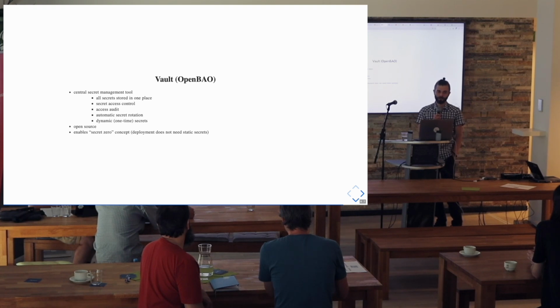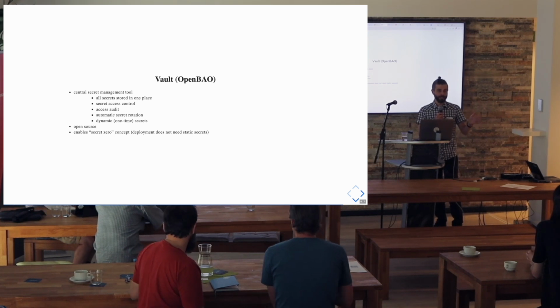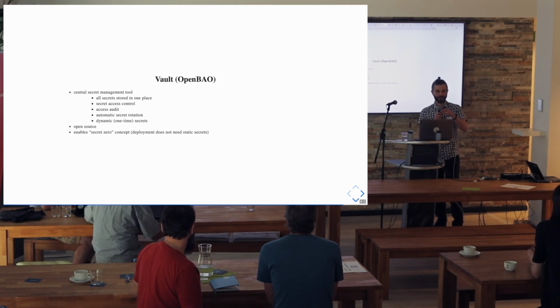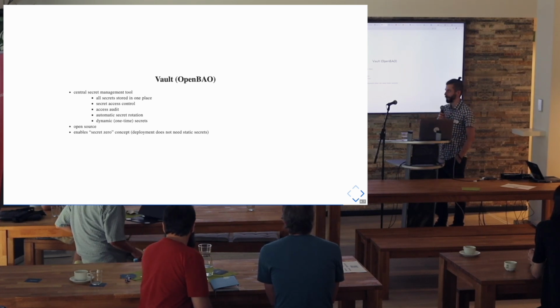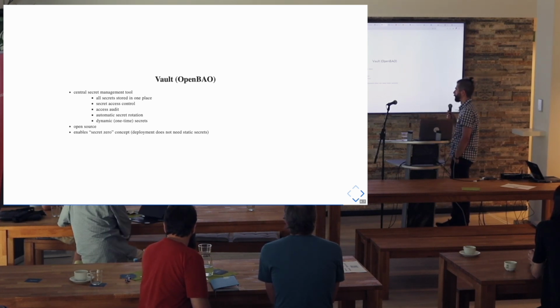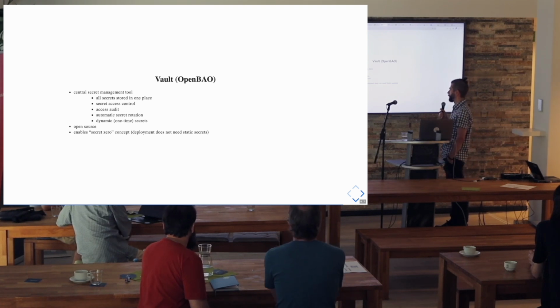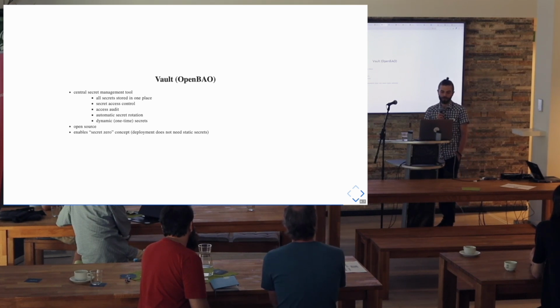You have the possibility to manage access rules for secrets, saying this person is able to read that secret, that person is only able to update that secret, and so on. You are able to audit all of the accesses to secrets.